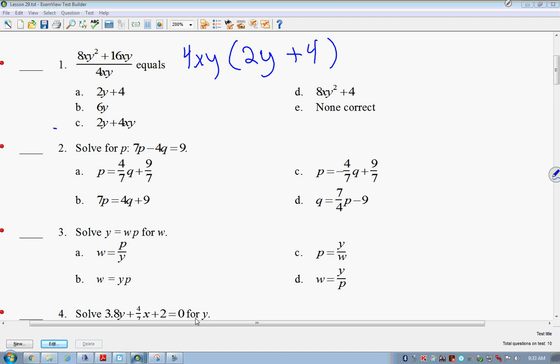And if I have a fraction that's written over 1, do I need to include the 1 in the denominator? No. So what I'm left with is that after the 4xy has been factored out, I just have 2y plus 4. All right, let's look down here at the bottom and see if I'm correct.